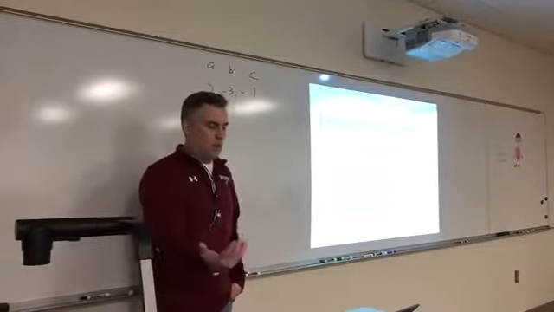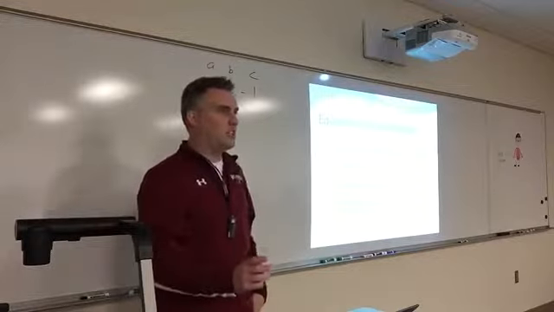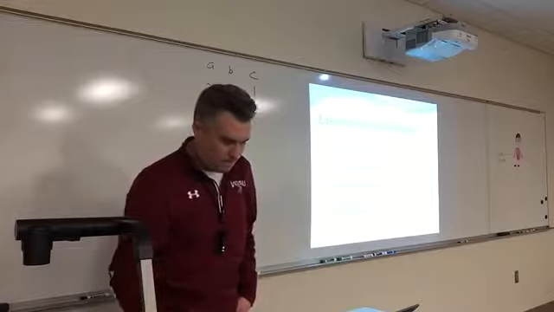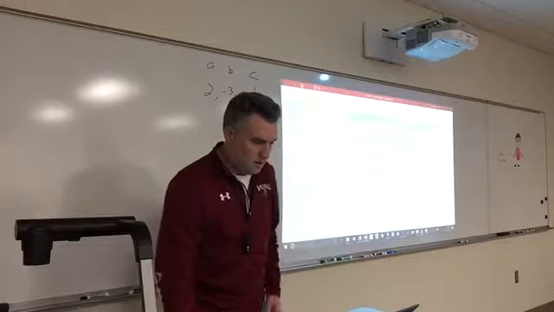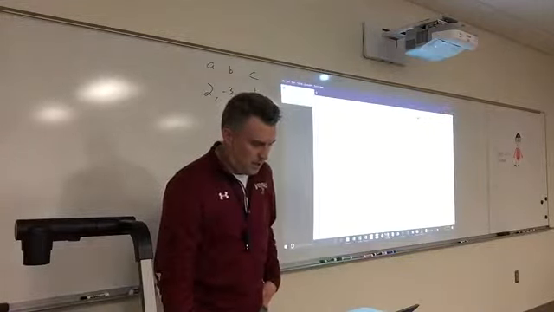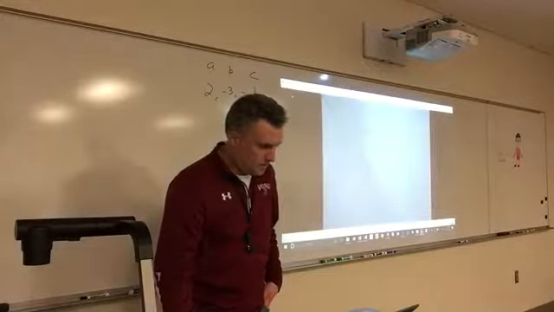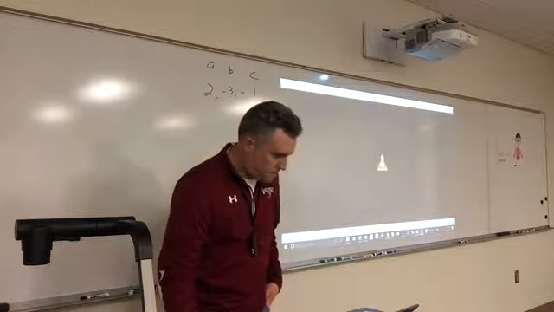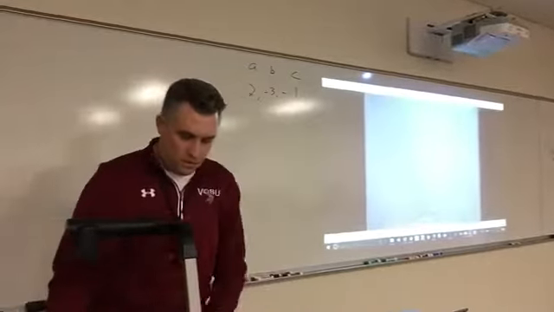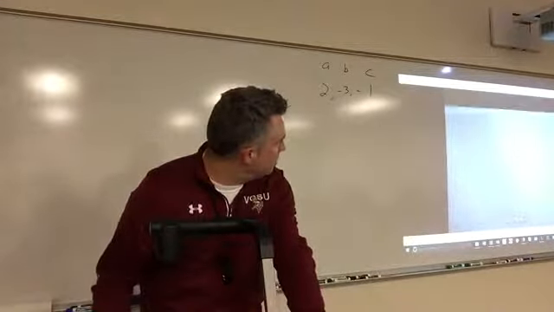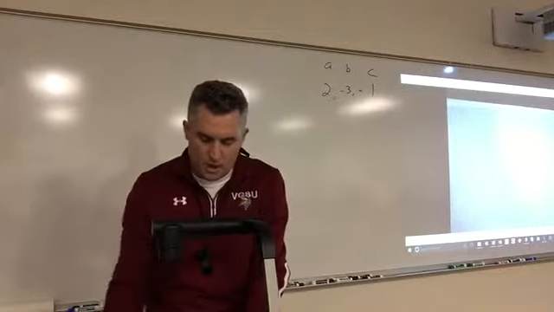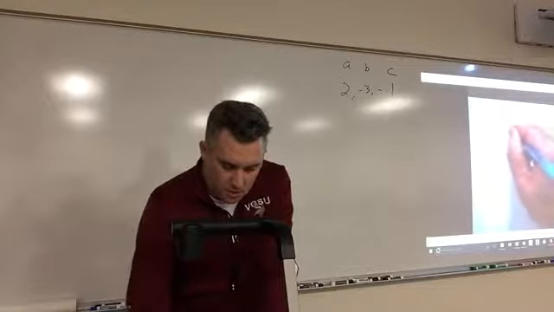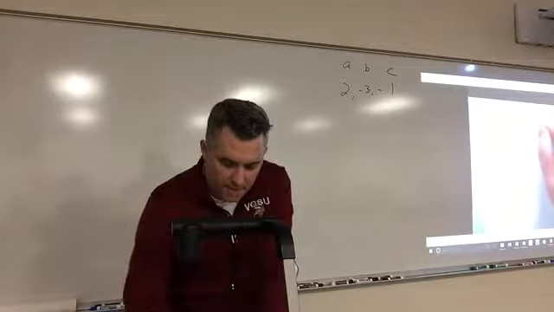So there's something we call an extraneous solution. Let me give you a quick example. Some of you might know what I'm talking about here. Let's say I tell you that x equals 3. Fact.